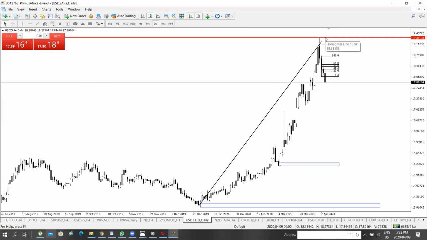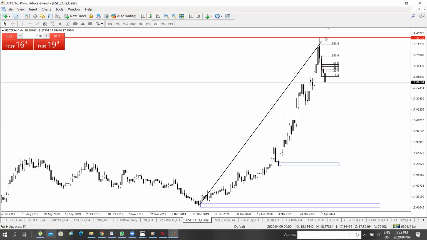When last did you remember seeing ZAR on 19.30? I wasn't even born by that time, right? So that level from 19 rand was very strong.